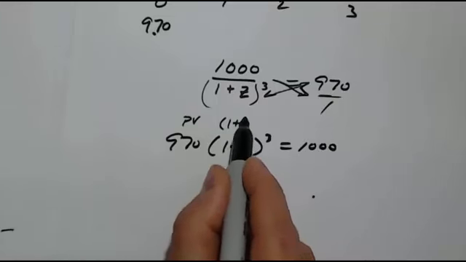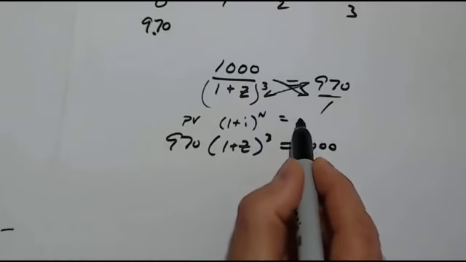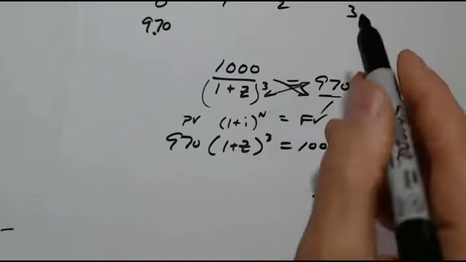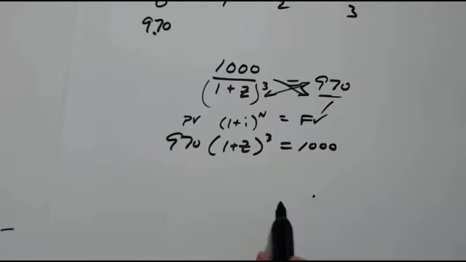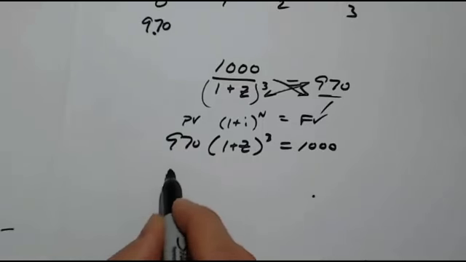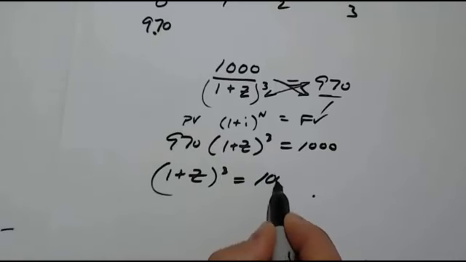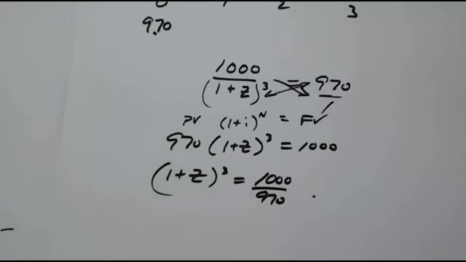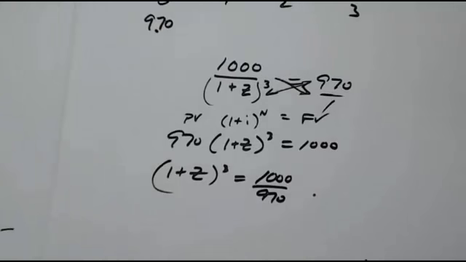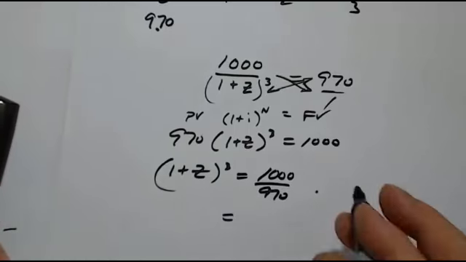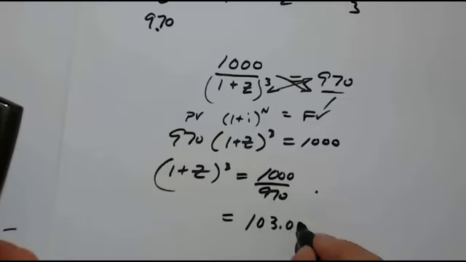This is 1 plus an interest rate to the n power equals a future value. This is basically a lump sum. There's no annuity with a zero. So you take (1 plus Z) to the 3rd equals 1,000 over 970, which equals 1.0309278.